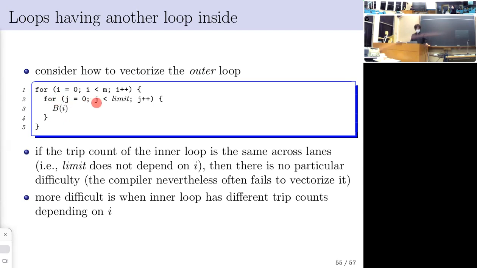In the very simple case, this limit does not depend on I. So no matter which outer loop iteration you are in, this inner loop executes the same number of times. If this is true, vectorizing this outer loop is not that complicated. You can do it very easily by yourself. But in my experience, compilers still fail to vectorize this kind of code.